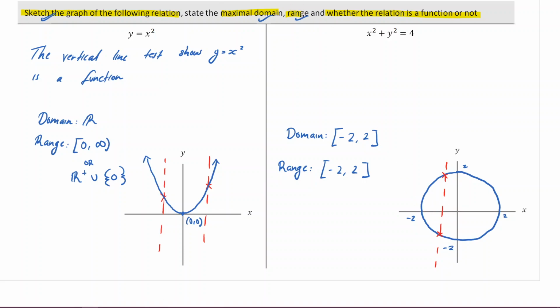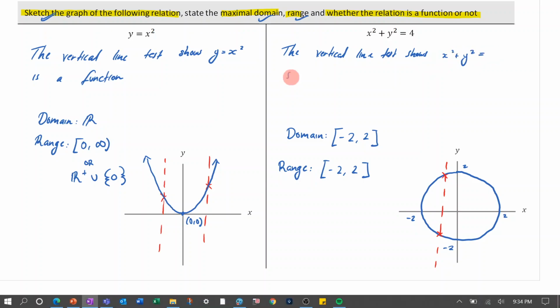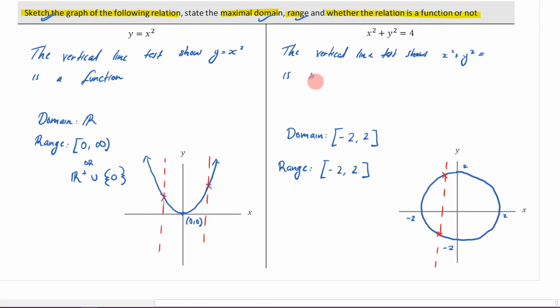So I'm going to write: the vertical line test shows x squared plus y squared equals 4 is not a function. Perfect. And that is how we approach these questions.